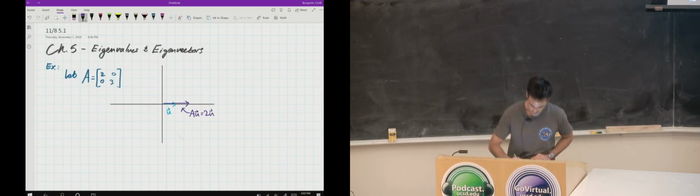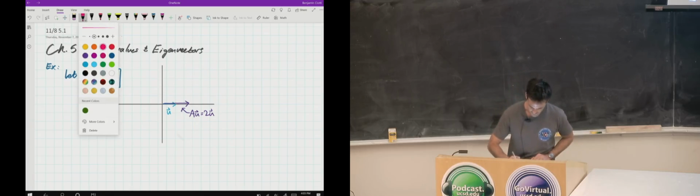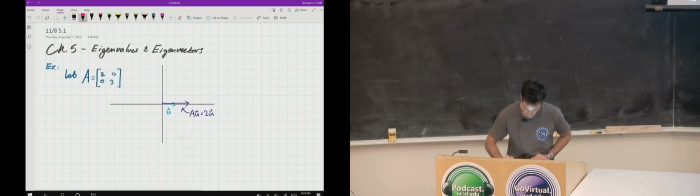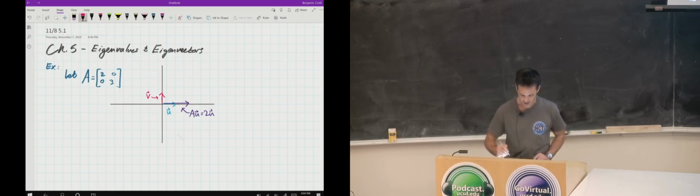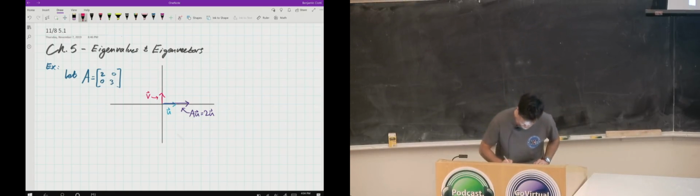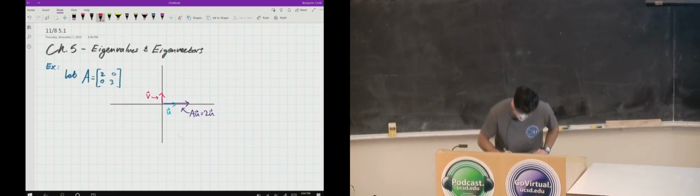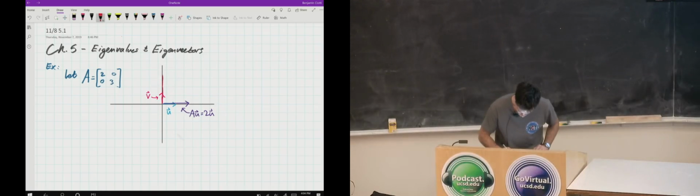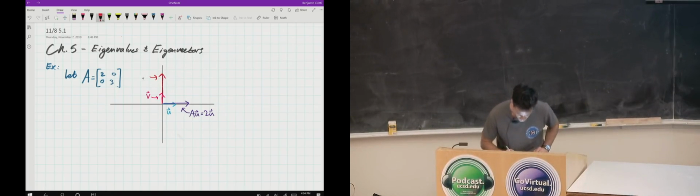Now, similarly, if I take a vector in the y direction, let's say v, and I apply A to it, it's going to make v 3 times as long, but still in the y direction, in the vertical direction.